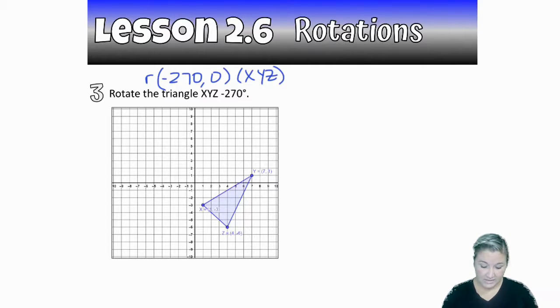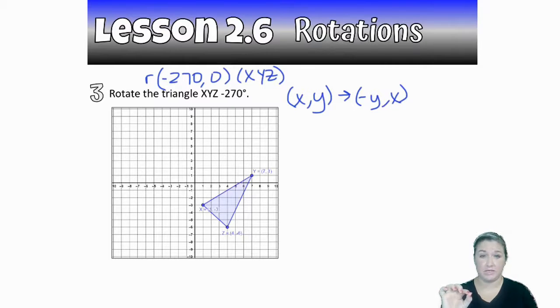And so once I do that, the rule for negative 270 is going to be XY. And then remember, you flip the order and you change the sign of Y. So I have X, the pre-image is just XYZ.